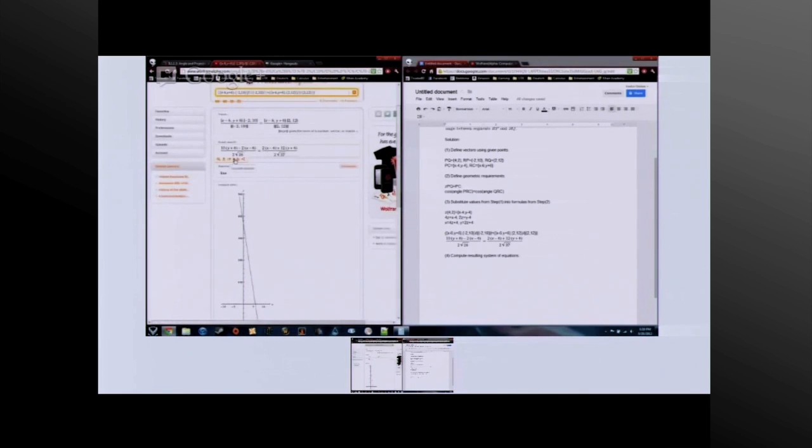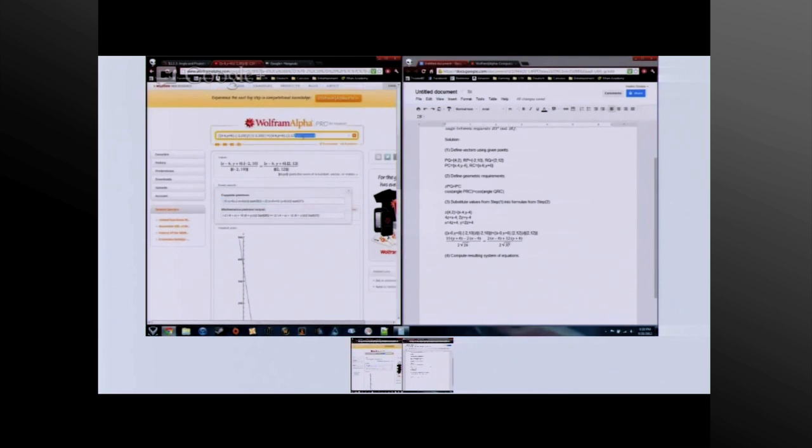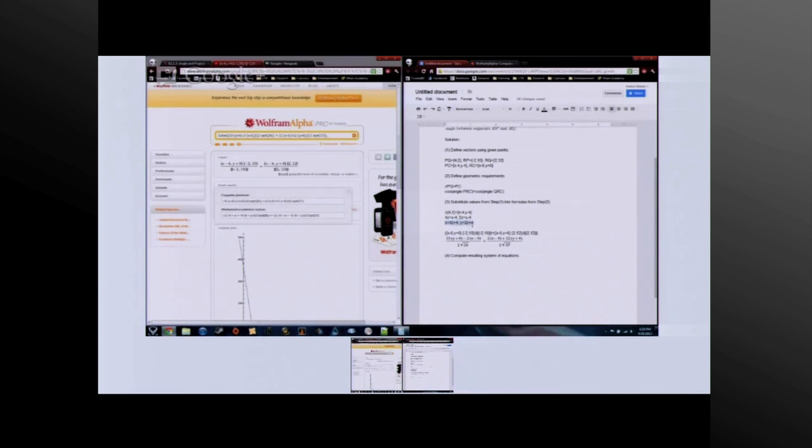And now that I have a simplified equation that can be used to solve a system of equations in Wolfram Alpha, I will enter my system of equations, which includes the angle equality and the collinear equalities.